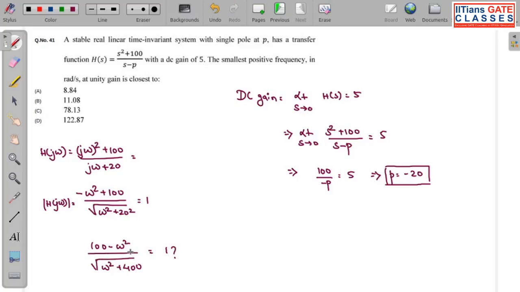So, let me calculate. Option A directly gives you 0.999, whereas all the others give you much smaller values.